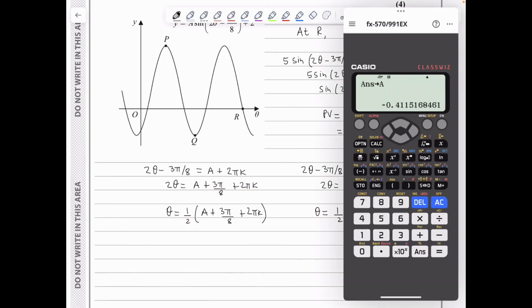So again, menu 9, my f of x is a half of A, so alpha A, plus 3 pi over 8 plus the 2 pi x, and I close the bracket, whereas g of x will be the a half, and then we've got pi minus the A plus the 3 pi over 8 plus the 2 pi x.